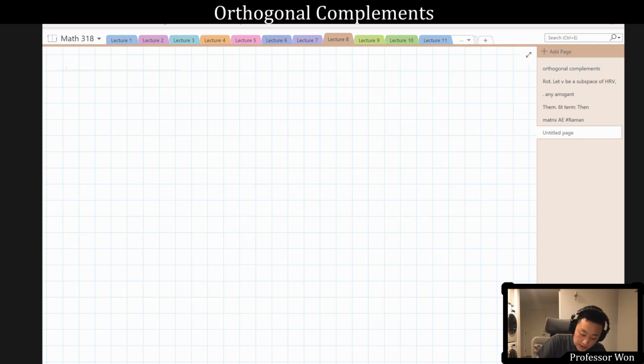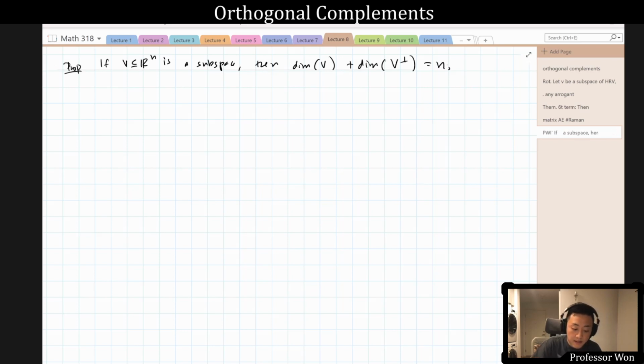So here's the proposition. If V is a subspace of Rn, then the dimension of V plus the dimension of V perp is actually equal to n. In other words, every orthogonal complement is complementary to the subspace, right?